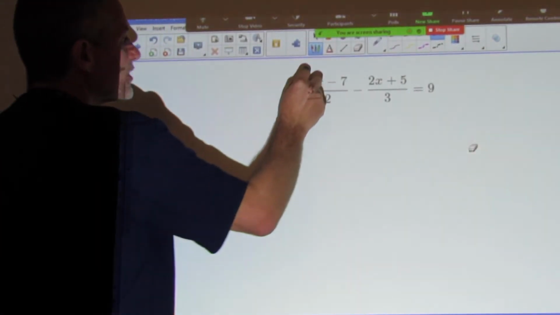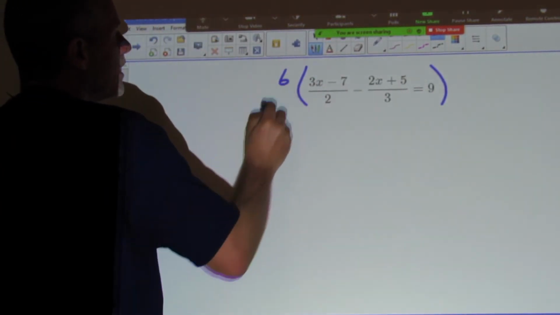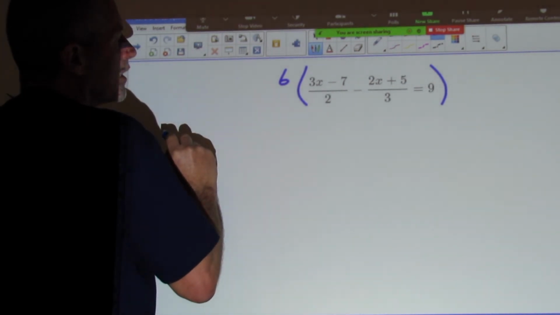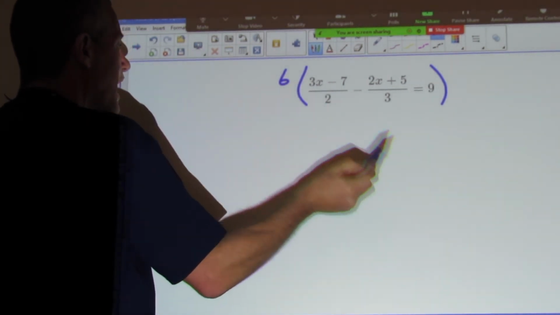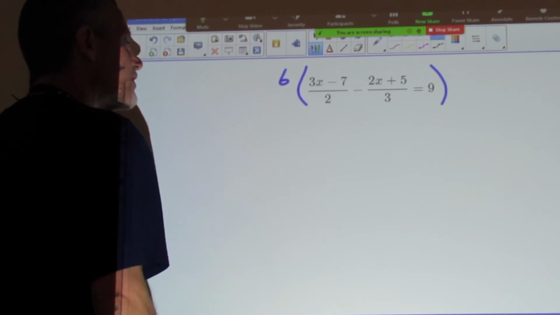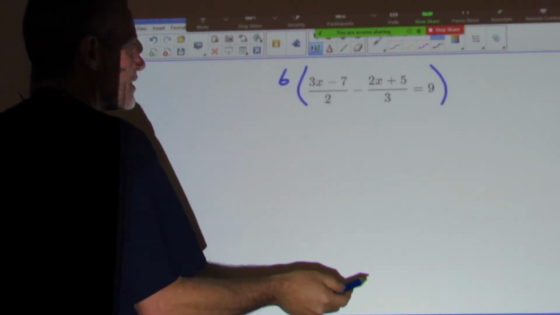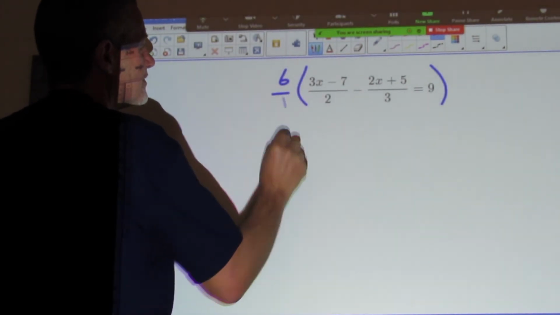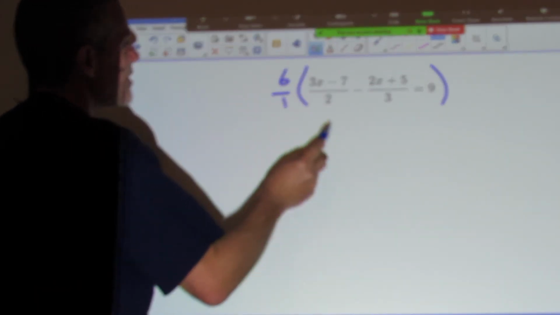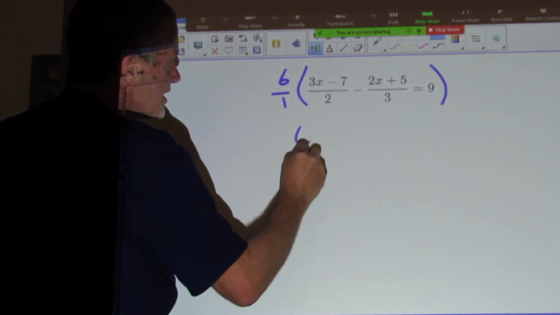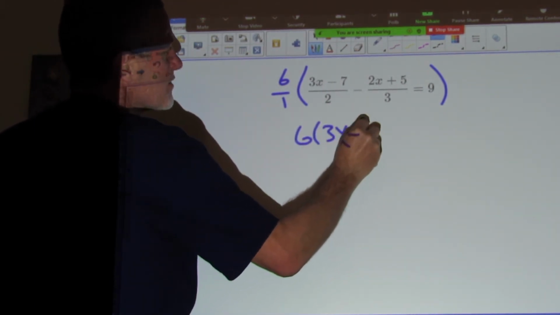Maybe change colors and go with blue this time. I'm going to do it without the 1 underneath this time, just to show that it's sort of exactly the same thing. Nah, why not? Why just do the same habit every time? Numerator times numerator is 6 times 3x minus 7.